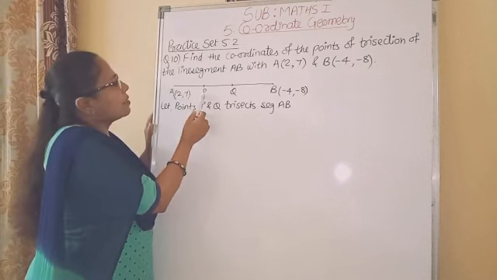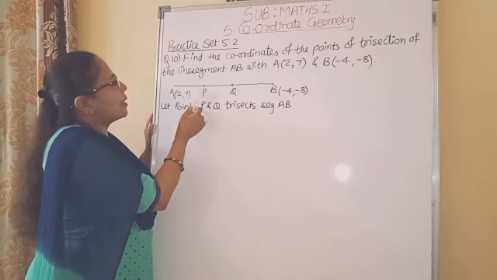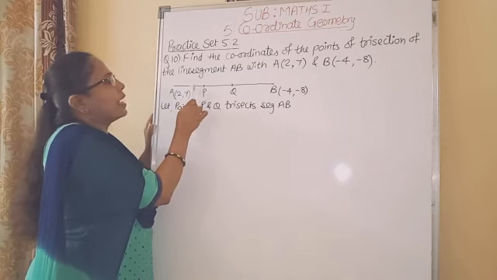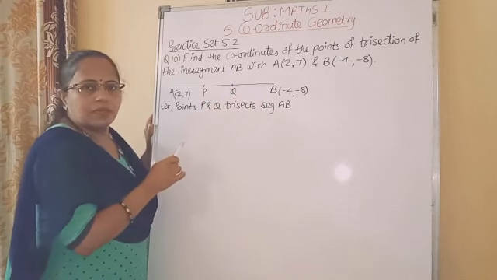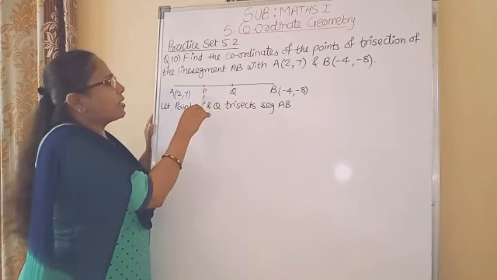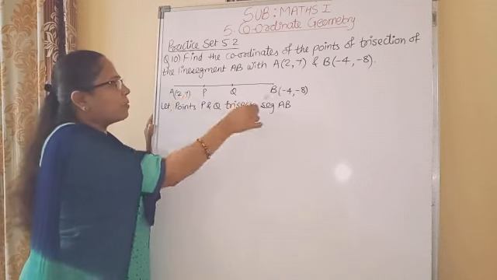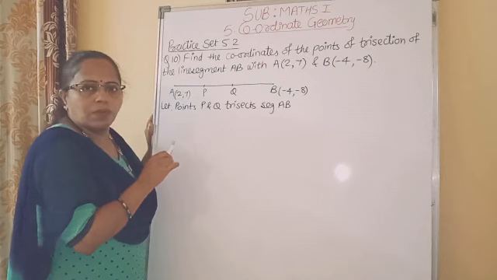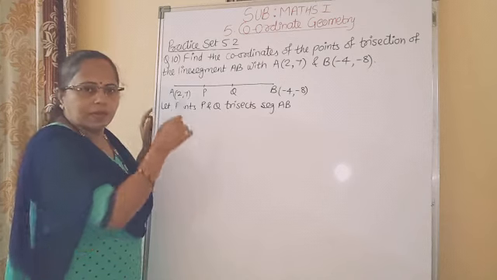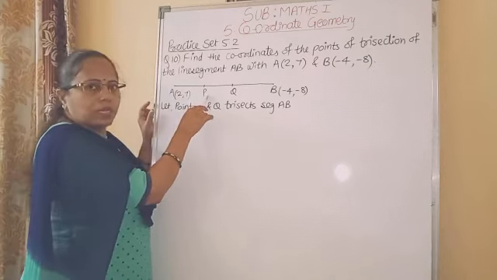Now first we will find the coordinates of point P. You can see that on the left hand side of point P there is one part and on the right hand side of point P there are two parts. So we can say that point P divides the segment AB into 1:2 ratio. Followed how we got the conclusion?